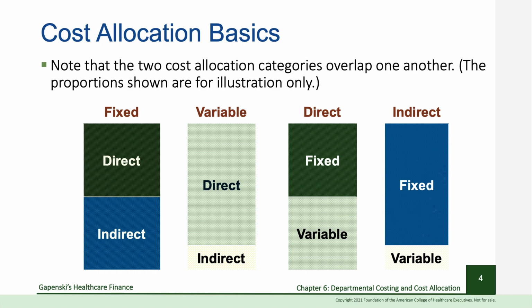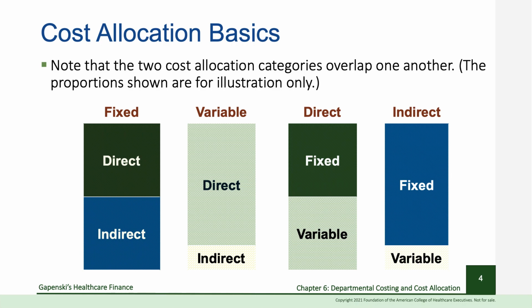So there are some cost allocation basics. Note that the two cost allocation categories overlap with one another. So as we saw in chapter 5, there is fixed cost and variable cost, but at the same time there is direct cost and indirect cost. So under fixed, you see that there is an illustration showing almost 50% is direct and the other half is indirect. In variable, there is a large percentage of direct, as you can imagine.